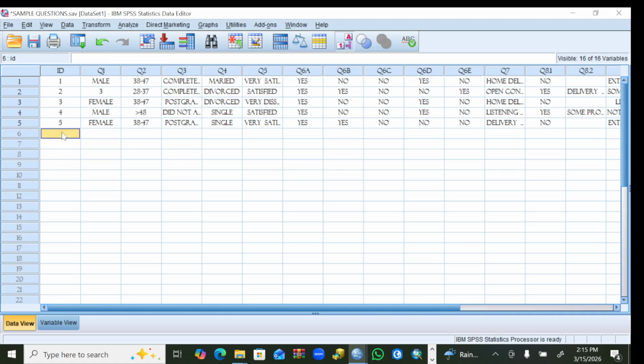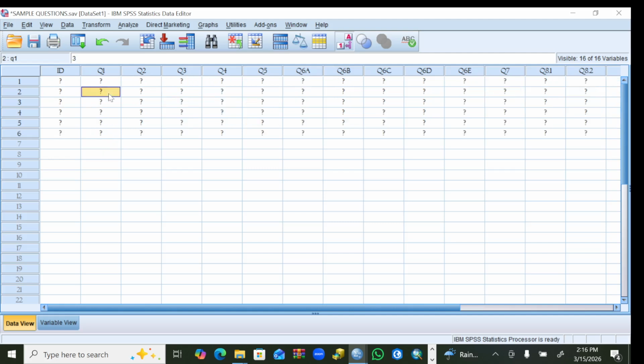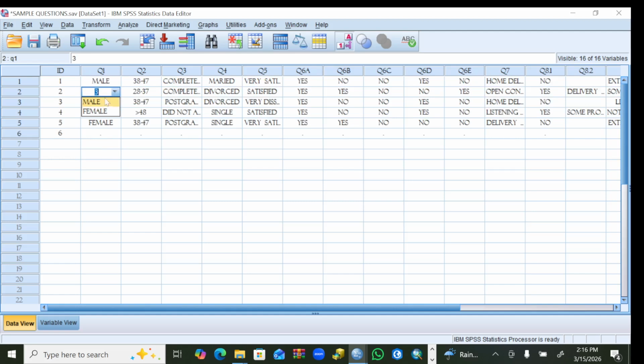And then we go to respondent number 6. Respondent number 6, let me say, this one is male. Then let me say number 6 is female. Age is more than 48.